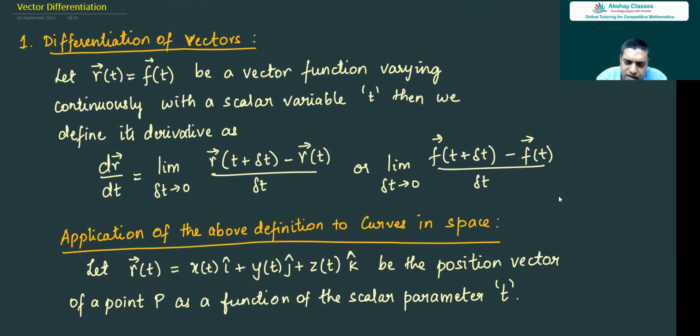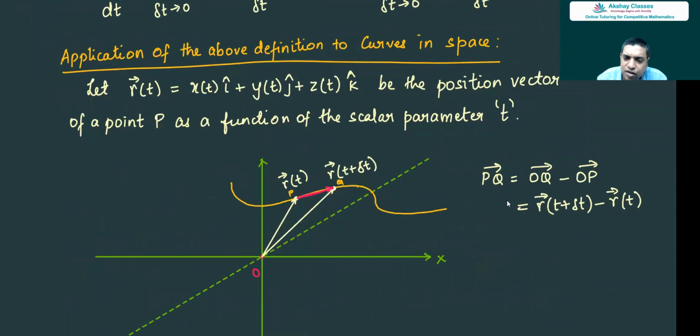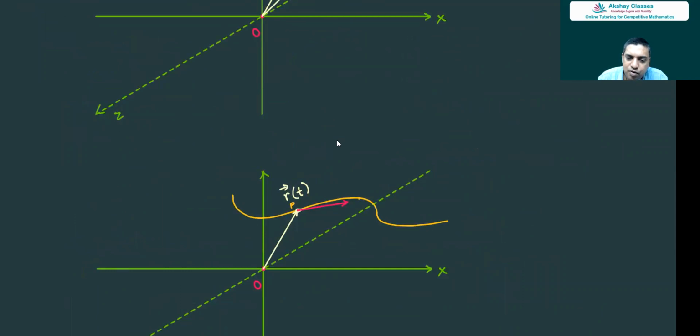Now, if delta t becomes very, very small, this length PQ becomes very, very small. Now, as delta t tends to 0, PQ bar becomes a tangent at P.